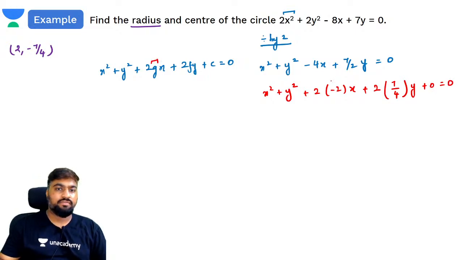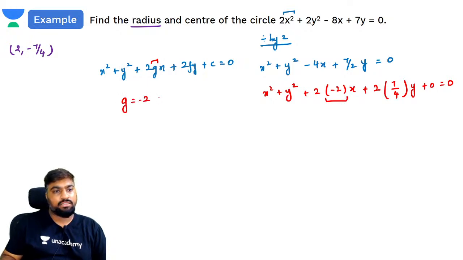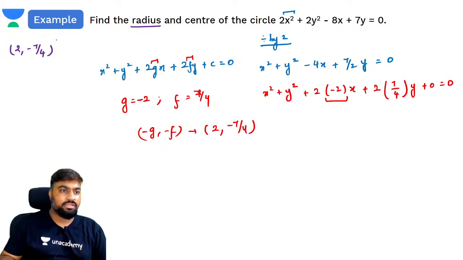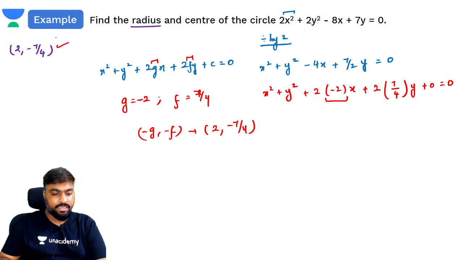You got the value of g as -2. Yes, g is -2. Same way, what is f? f is 7 by 4. Yes, and we know that the center is given as minus g comma minus f, which is minus of -2 comma minus 7 by 4, that is 2 comma minus 7 by 4. So the center given by Sarmishta is correct: 2 comma minus 7 by 4.